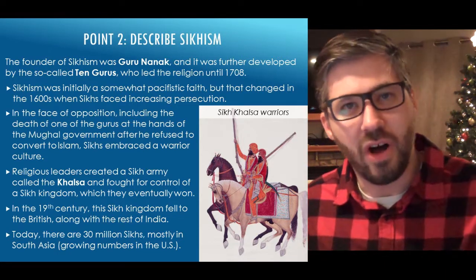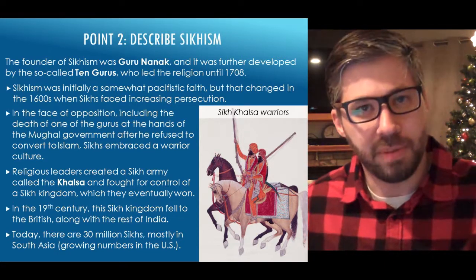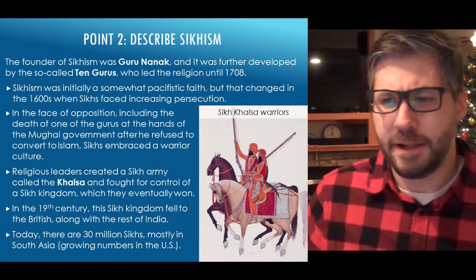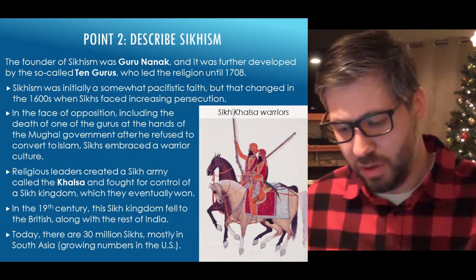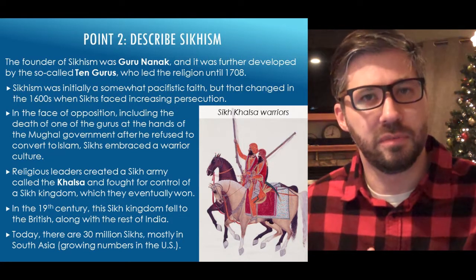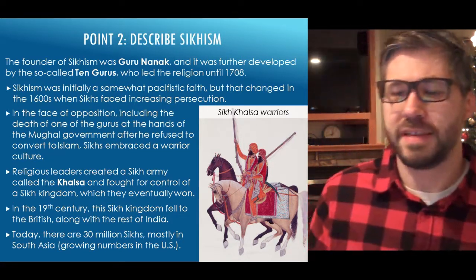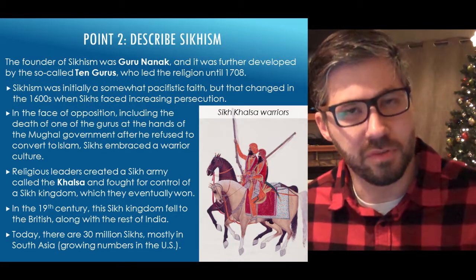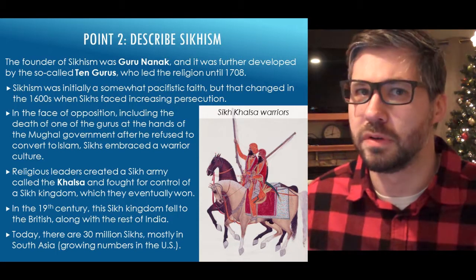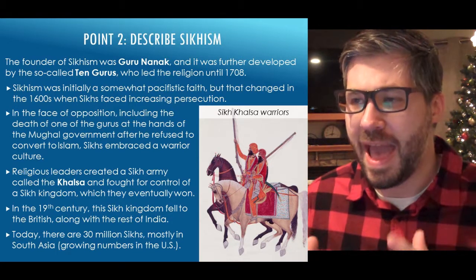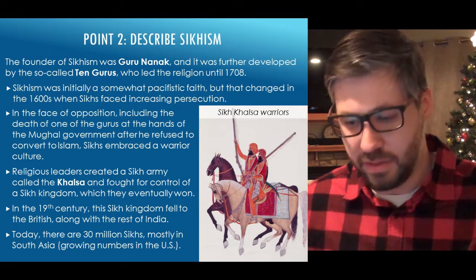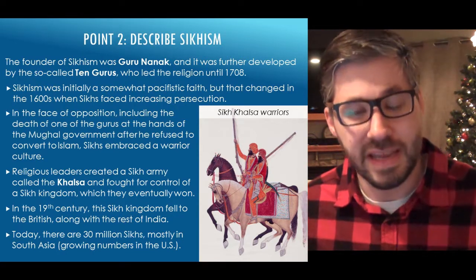Sikhism started off during the Mughal Empire, in the 1600s. It starts off as a small, peaceful religious minority. As time passes, they face more hostility from the Mughal rulers. The Mughal rulers have, we'll see in a moment, a fairly tolerant way of approaching the Hindu majority in India.